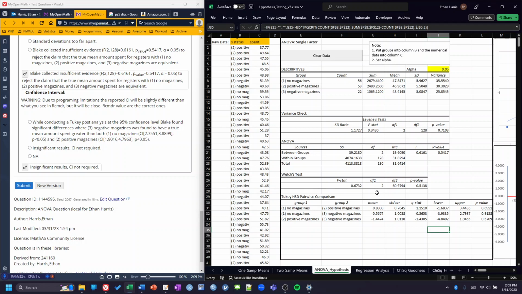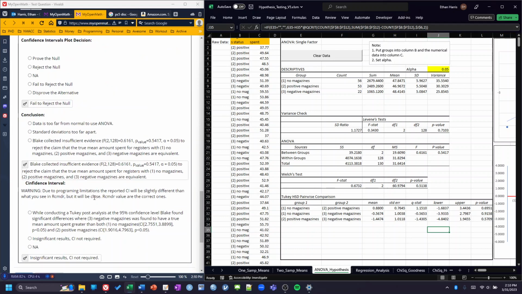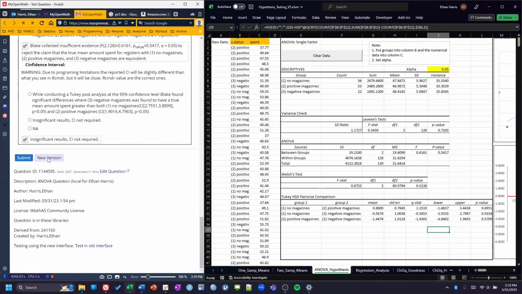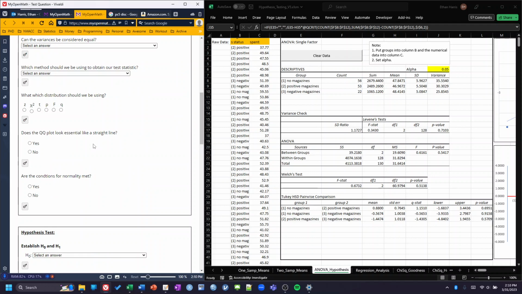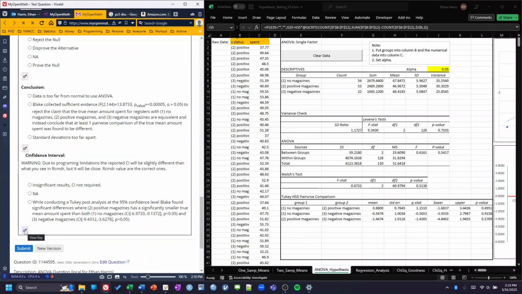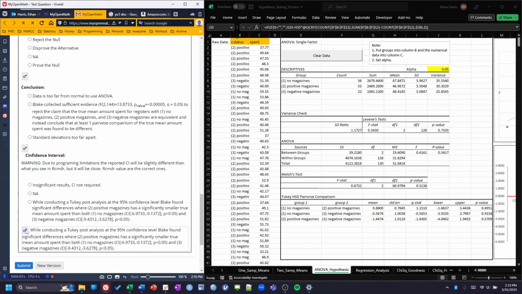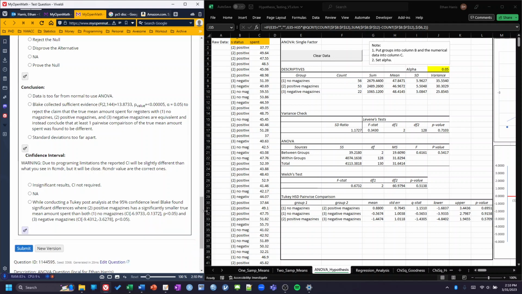If you do find significant differences, you will need to look at which of these intervals are different. So let me look at another version of this really quick. Let me grab a new version. Give me a second. Okay, and then I'm going to scroll down. I'm going to cheat real quick and see if I have, yep, I have significant results in this one.